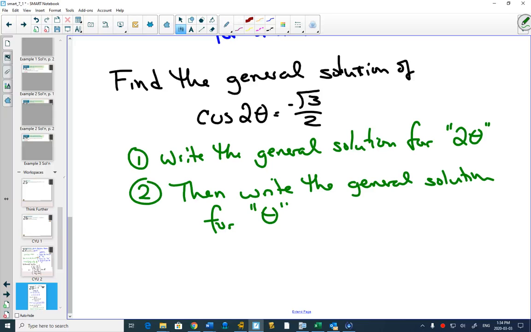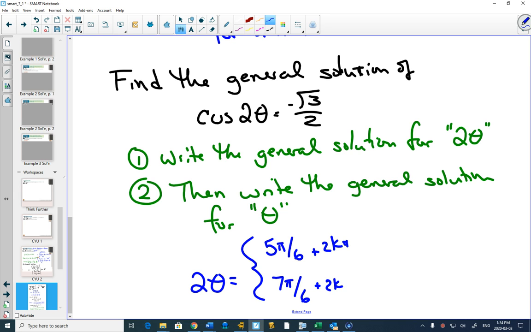So what does this mean? Well, if I wanted to do my general solution normally, for 2 theta, I would write 2 theta equals, solve for 2 theta between 0 and 2 pi, just once around. When do we have negative root 3 over 2? We figured that out to be at 5 pi over 6 and 7 pi over 6, plus 2k pi, where k is an integer.